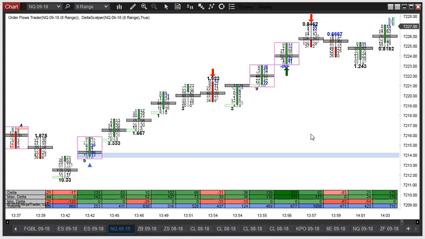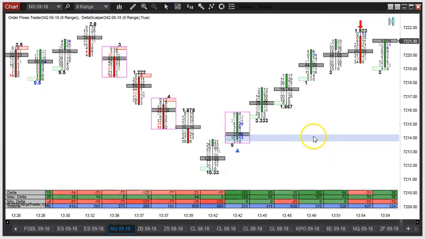And as I said, that's why I created the Delta Scalper, so you don't have to sit here and analyze this, especially when it's happening in real time very fast. Again, this is a range-based chart, and on range-based charts, like I said, 1336, 136, 137, 137, 139, it's happening lightning fast.